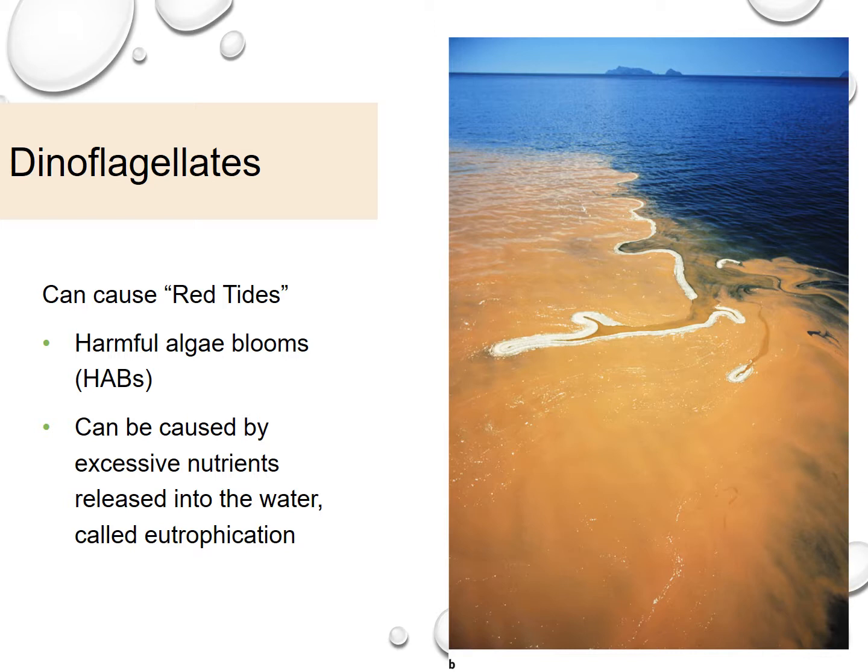It happens because we are fertilizing our land, and a lot of this fertilizer or sewage is reaching the ocean, delivering phosphates and other limiting nutrients. And with the excess nutrients, you get these big algae plumes.